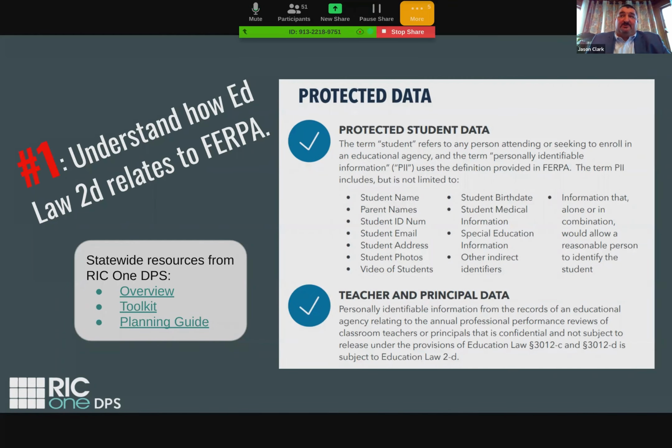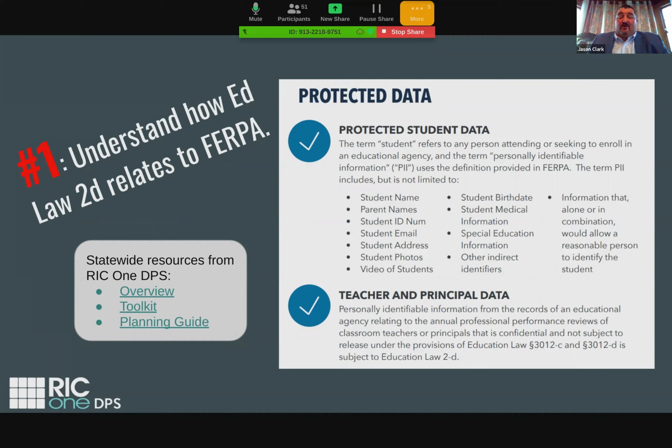That directory information could be shared fairly openly, and districts could share that directory information. What EdLaw 2D did is they pointed to FERPA for the definition of what personally identifiable information is. And with that, they took what traditionally would be directory information and put restrictions on it.